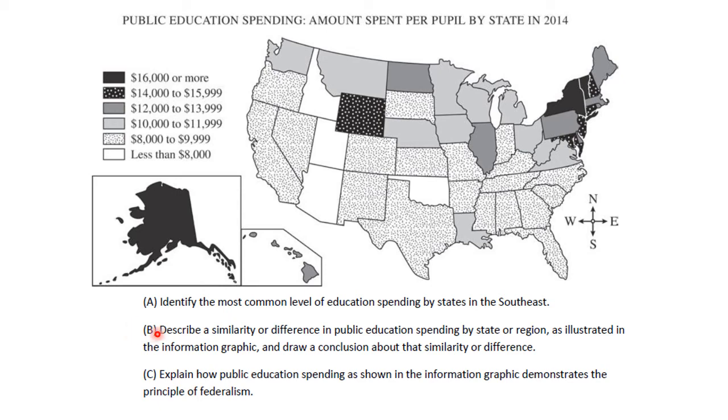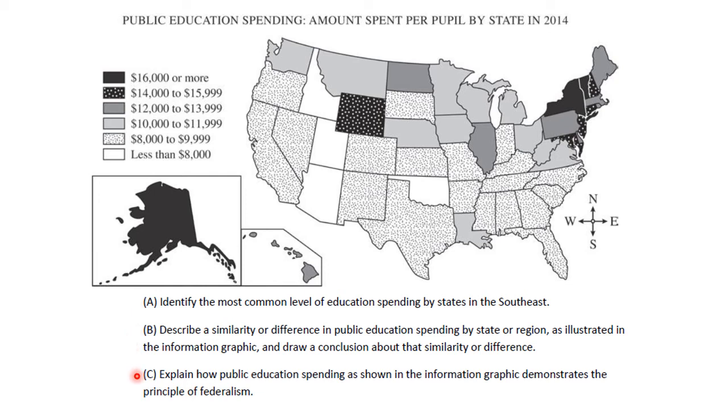In addition, I'm recognizing the word describe. If it says describe, analyze, or explain, we need to give more in our answer. It's not like these identification points where you quickly answer the question and move on. When it says describe, analyze, explain, or draw a conclusion, you've got to give me more. You've got to close the loop, as they say, and we'll practice how to do this. But part B is worth 2 points. So part A is worth 1 point, part B is worth 2 points.